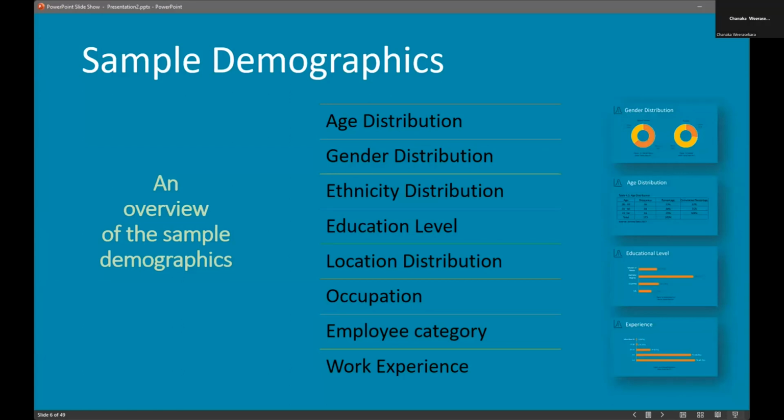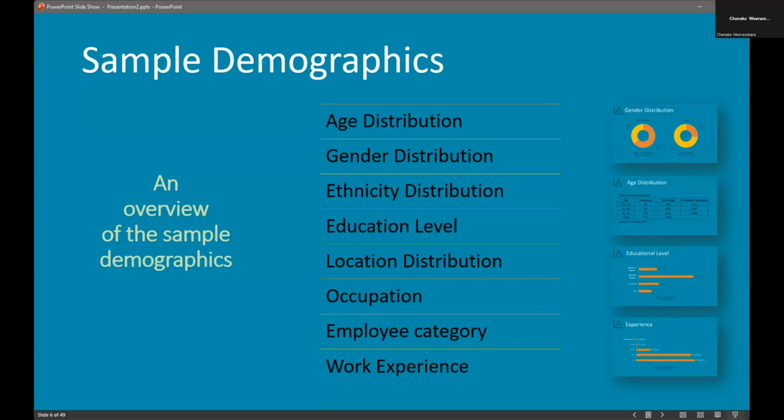Because we should first give a little bit of an idea, the essence, about the context in which we are doing this research. The reader should understand the sample set that we have selected and its characteristics, and should be convinced that this sample is a good representative of the population that we are talking about.